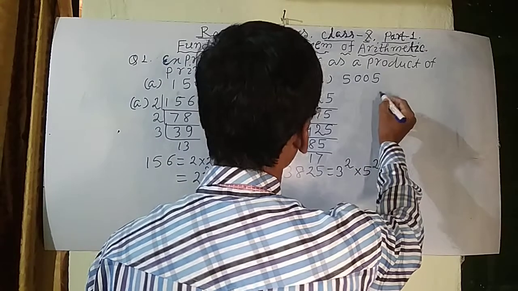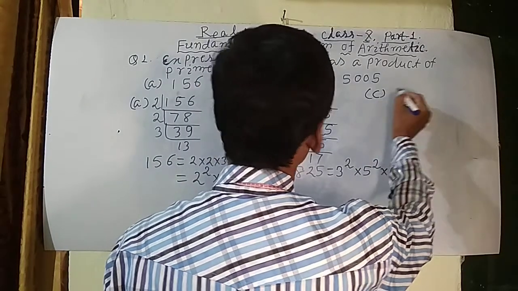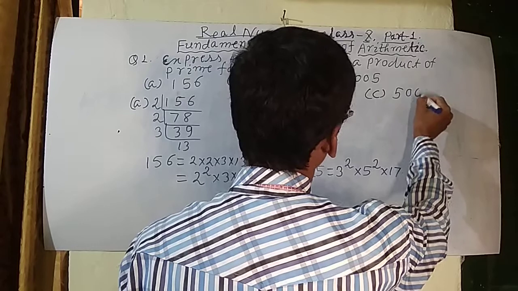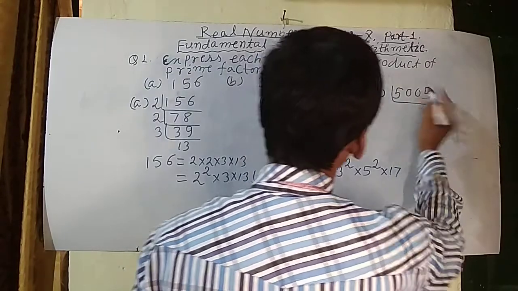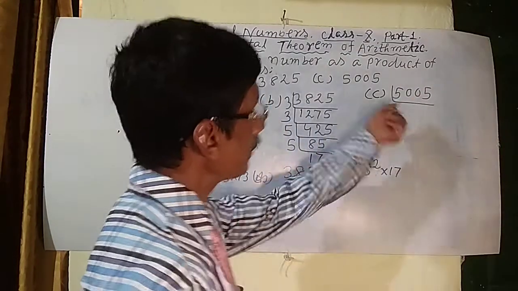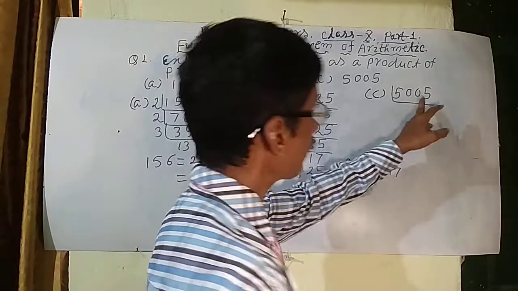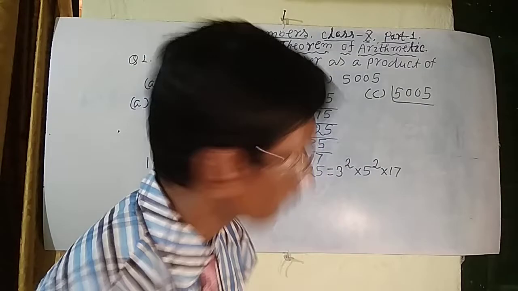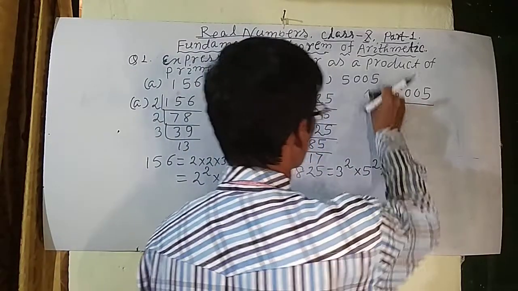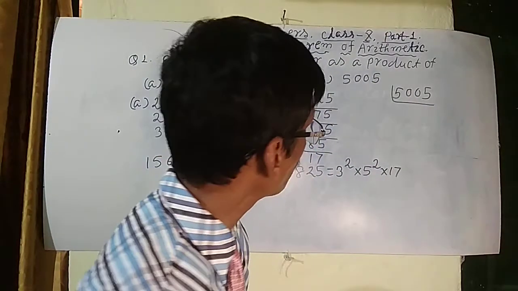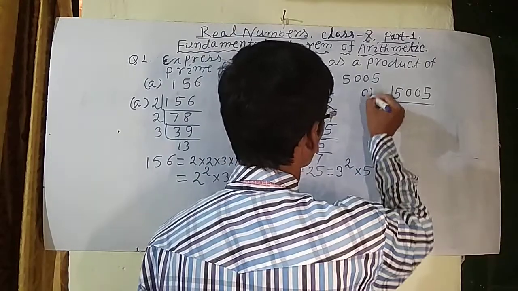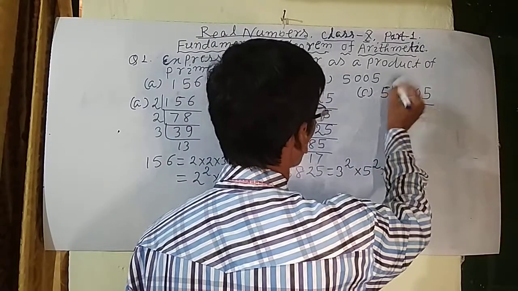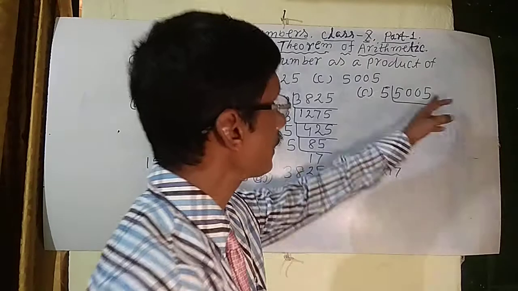Write C. Look here, C. 5005. So it is not divisible by 2. It is not divisible by 3. So question number C, it is divisible by 5 because the one's place is 5.